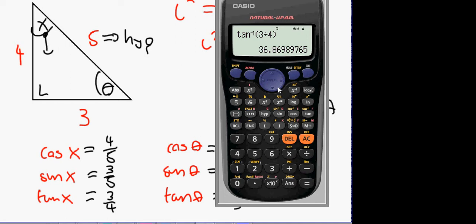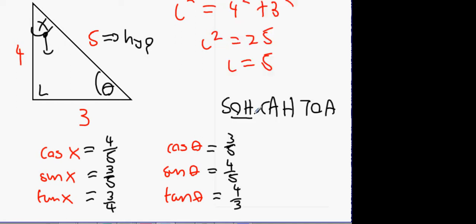Now guys, look what happens when I compare. So this is 36.87. That's 90 degrees. And we could just add them together, take it away from 180 to find out this other angle. But look what happens when you turn them upside down. This one is 3 over 4, but this one here is 4 over 3.